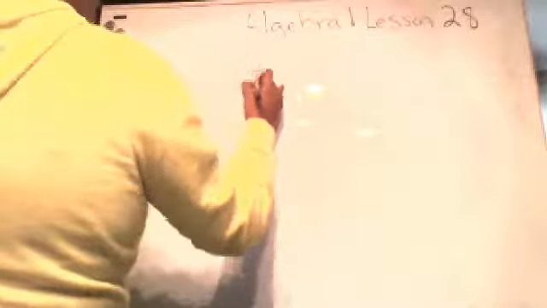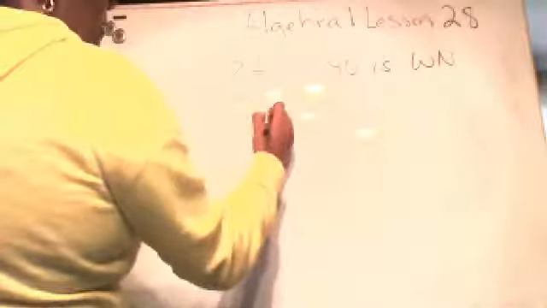Let's look at 28.3. Just because we have a mixed number doesn't mean we do anything different. It says 2 1/2 of 240 is what number? I simply replace the words. I'm going to change this to an improper fraction because I'm doing multiplication, so 5/2 times 240 over 1 equals n.